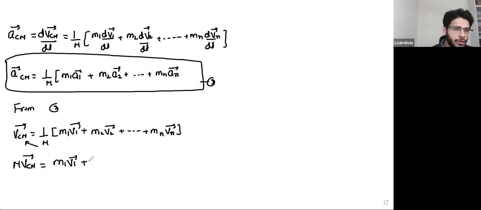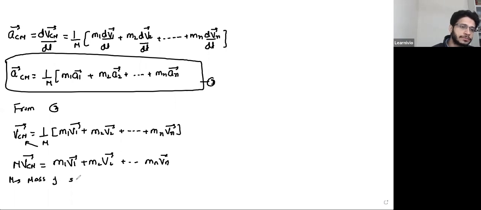So that's m1v1 plus m2v2 plus up to mnvn. What is M into vcm? What is capital M? Capital M means mass of the entire system. So capital M basically means m1 plus m2 up to mn.